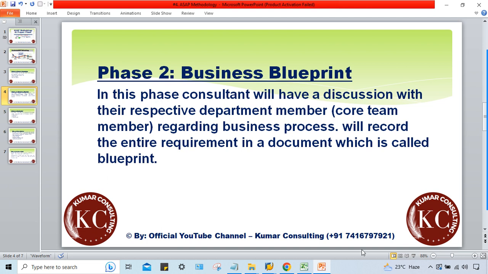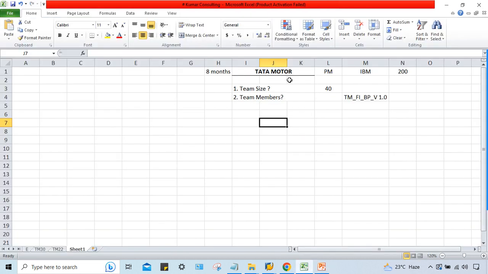Our side, I mean to say, is whichever company is implementing SAP into Tata Motors. Say for example, you are a consultant, an employee of IBM, and at the same time Tata Motors is our client.